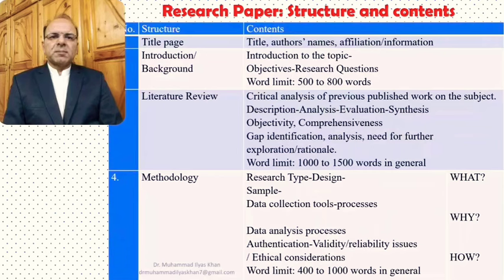In some cases, keeping in view the requirements of particular journals or particular topics, this word limit might be more than a few thousand words. And then this is followed by the methodology section, which is the fourth section of the research paper generally.